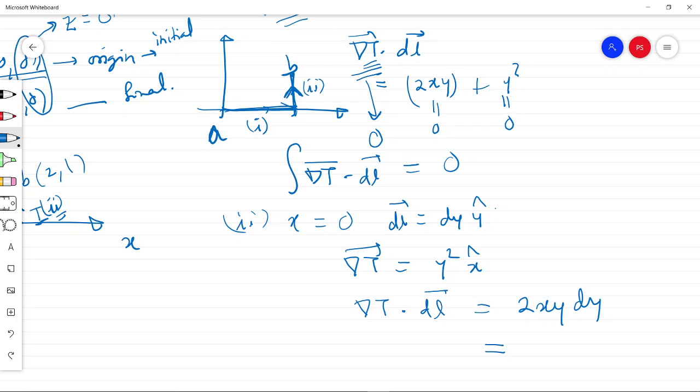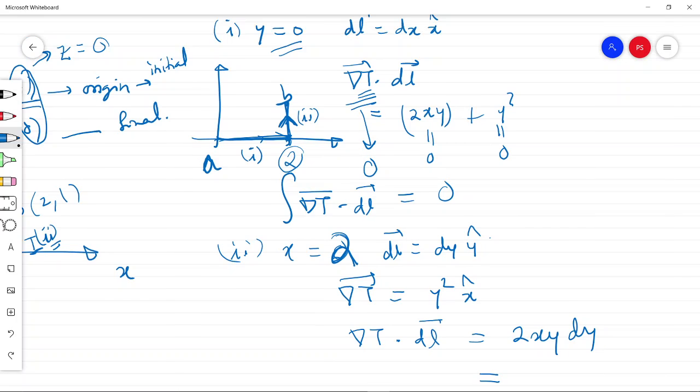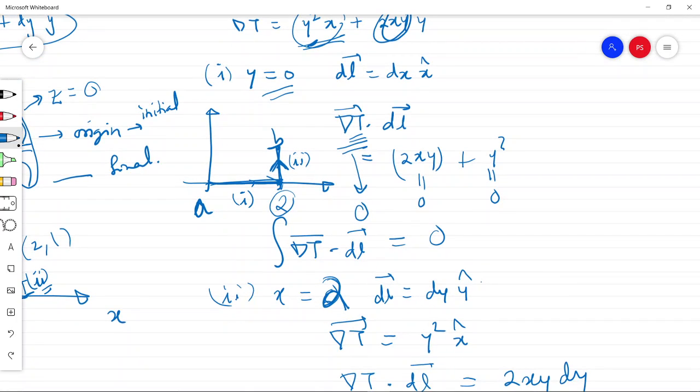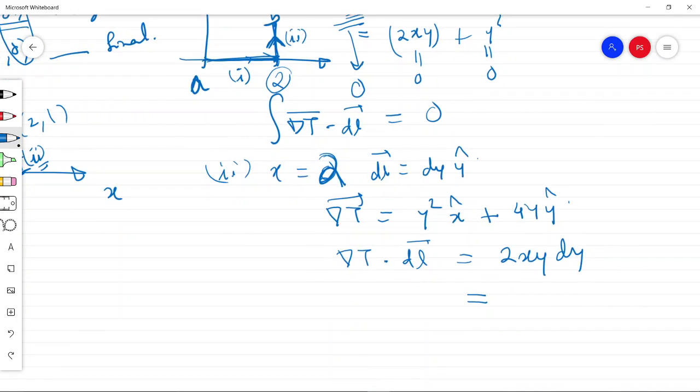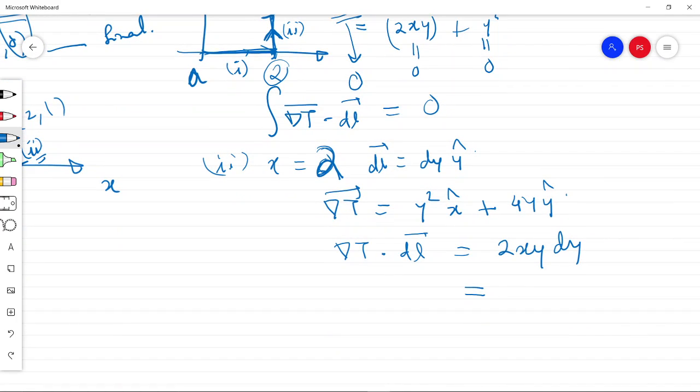just a minute, x is 2 here, sorry, slight correction, the x value is 2, it is fixed. So this becomes y squared x cap plus 4y y cap. This dotted with dl bar gives us 4y dy.